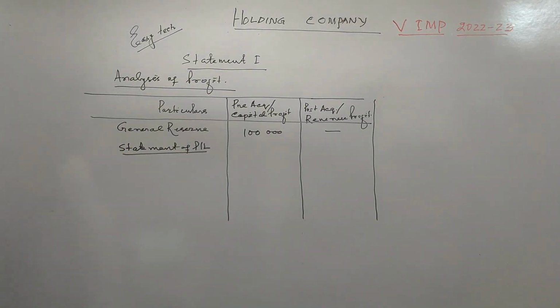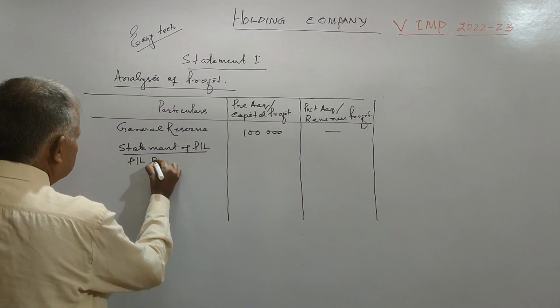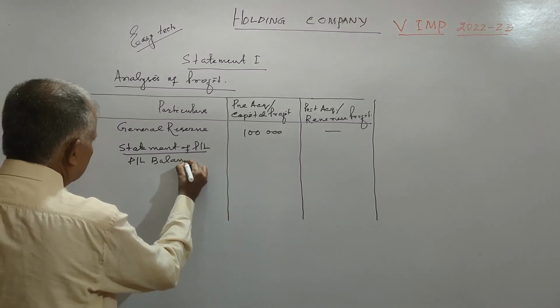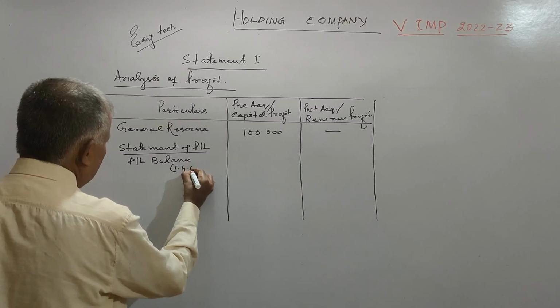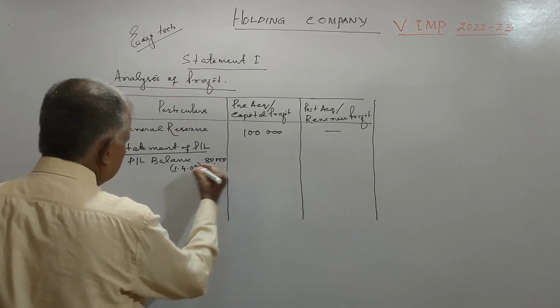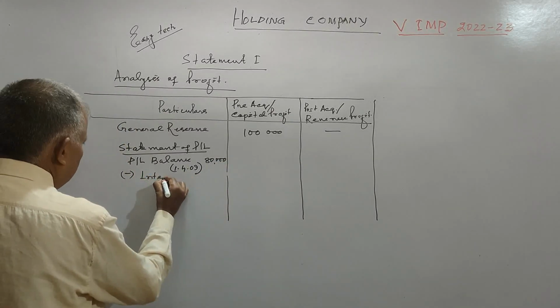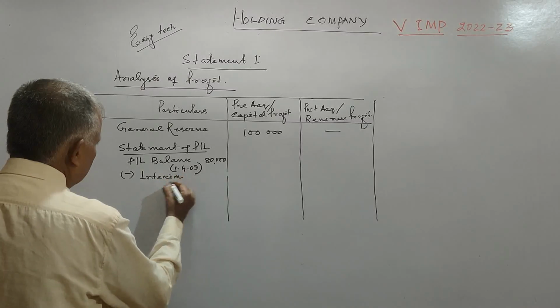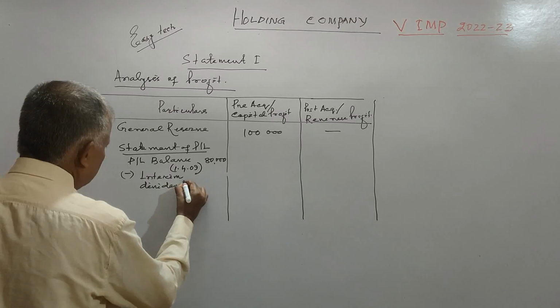In the statement of P&L balance, it was 80,000 minus interim dividend paid.